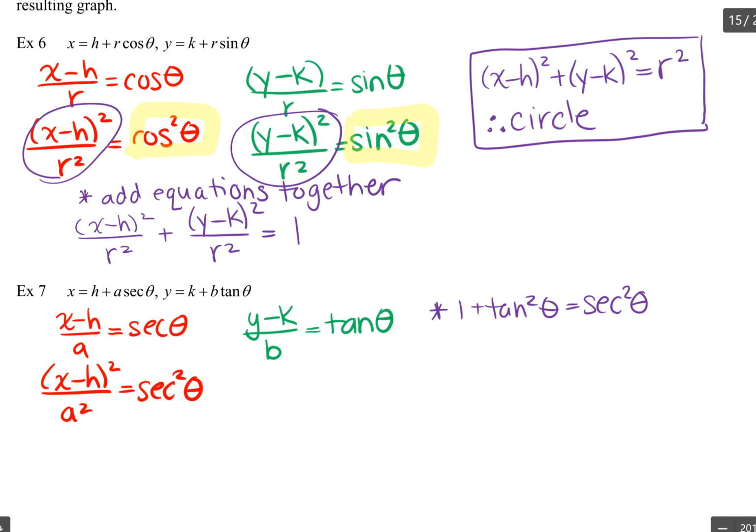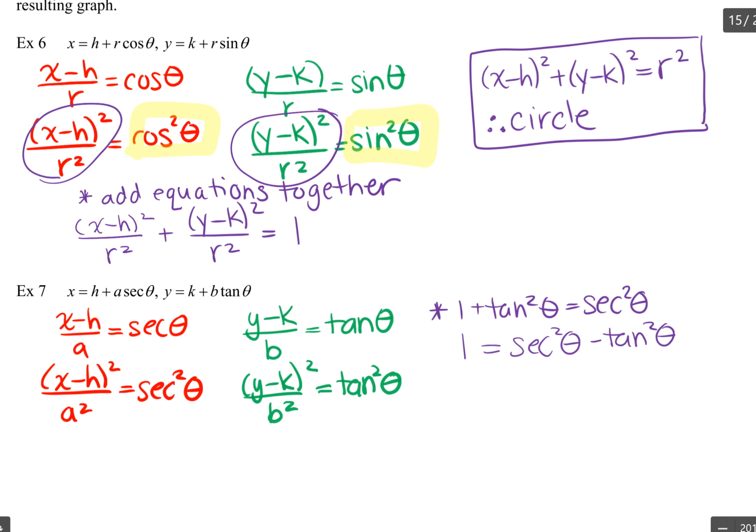On the right, I'm going to square and I get y minus k quantity squared over b squared is equal to tangent squared of theta. Now, I have a tangent squared equation and a secant squared equation. So if I look at my identity that I have right here, I want to think about what would I need to do with that tangent and that secant squareds to be able to eliminate. Well, I would want to figure out what would make them equal to 1. So here, if I subtract tangent squared, 1 is equal to secant squared of theta minus tangent squared of theta.